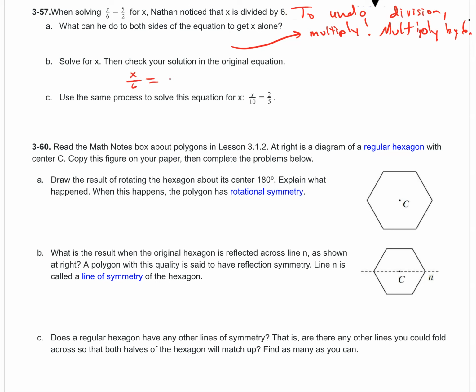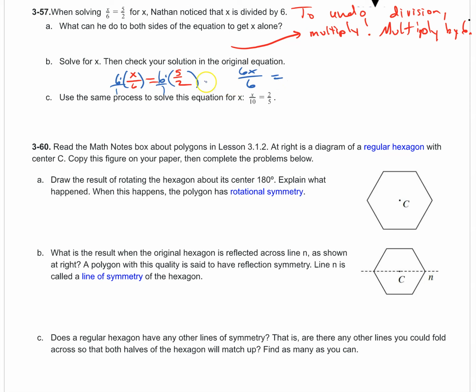So x divided by 6 equals 5 over 2. Now, the opposite of divide is multiply, so let's multiply the left side by 6. But that also means I need to multiply the right side by 6. And remember, 6 is the same as 6 over 1. So this is going to be 6 times x, which is 6x, over 1 times 6, which is just 6.